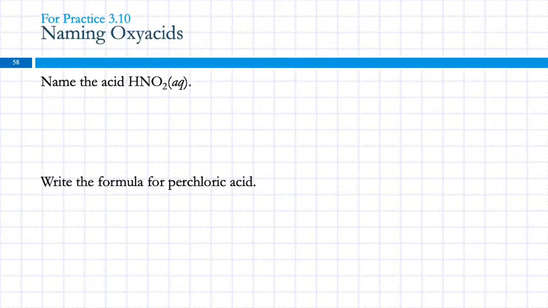Okay, so let's name this one. Obviously, from the title here, we're naming oxyacids, but let's pretend we didn't see that. We look at this compound, HNO2, and we see it starts with an H. That should make us think acid, right? And the AQ, definitely acid. So here's H, and does this have oxygen in it?